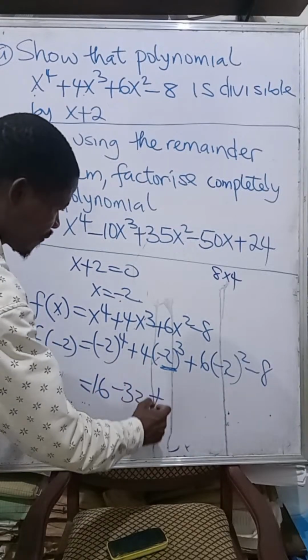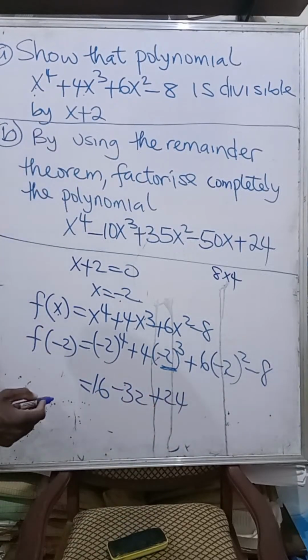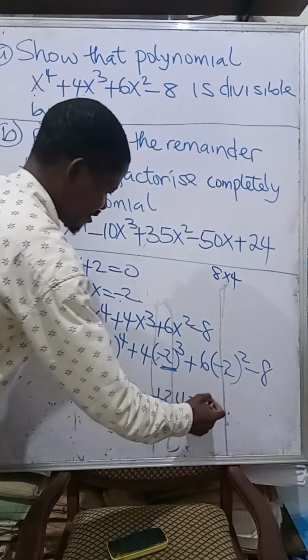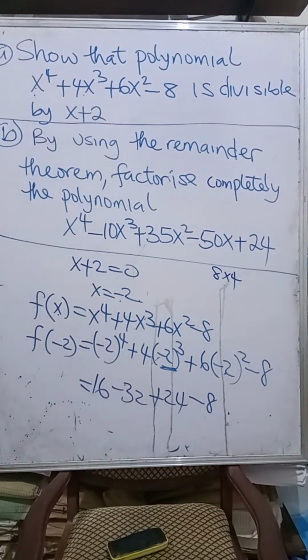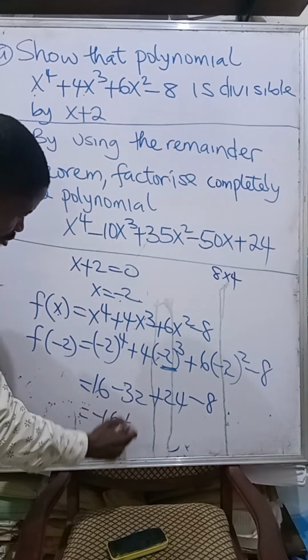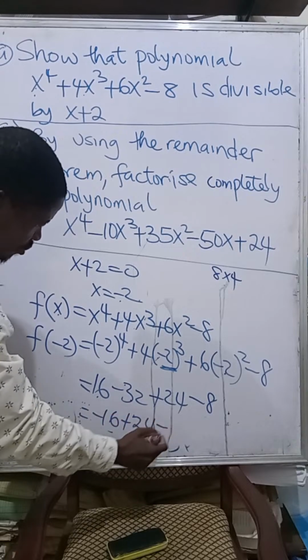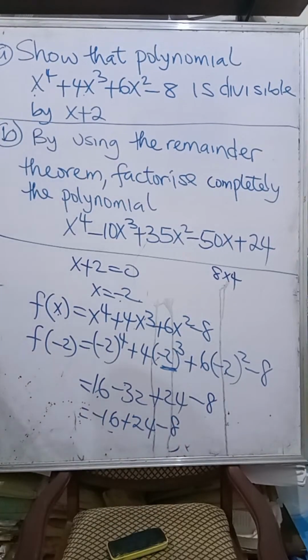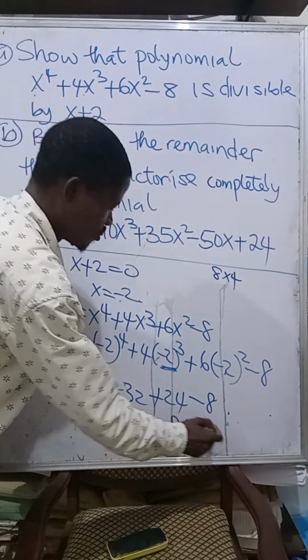That's plus 24, minus 8. Okay. This one, 16 minus 32, that's minus 16 plus 24 minus 8. So minus 16 plus 24, that's plus 8. So this is giving you 0.